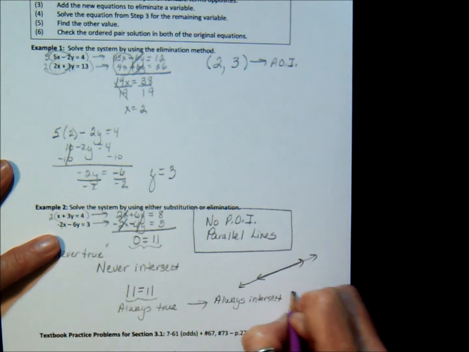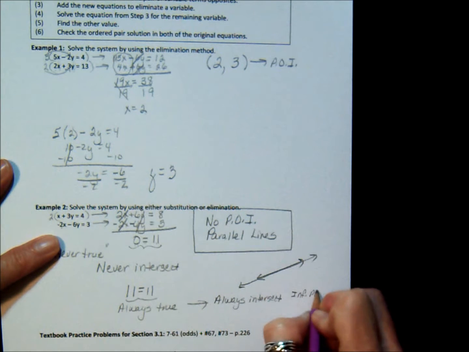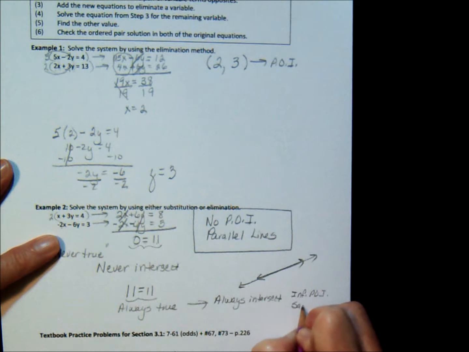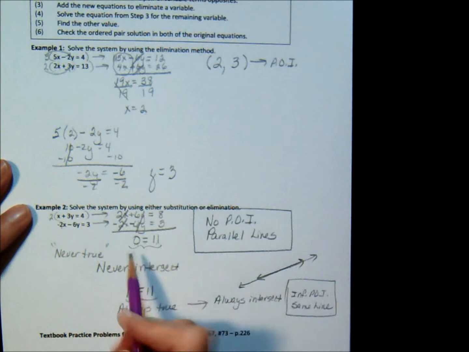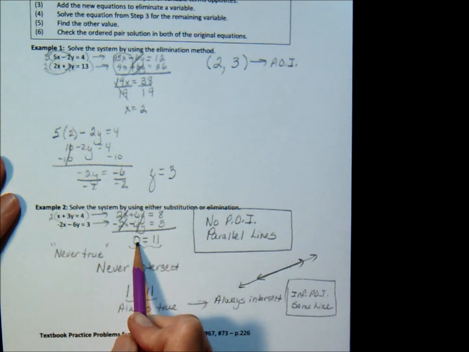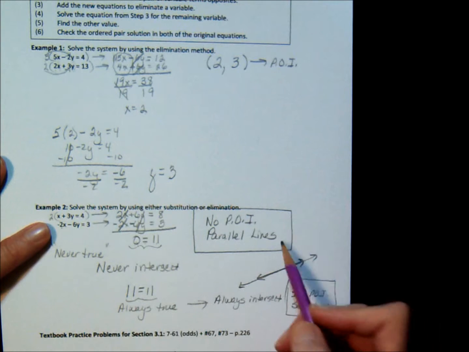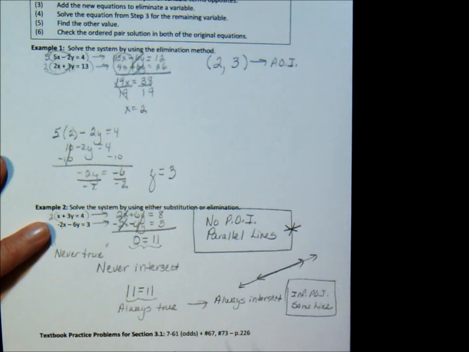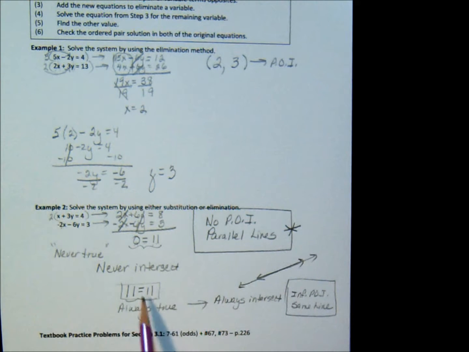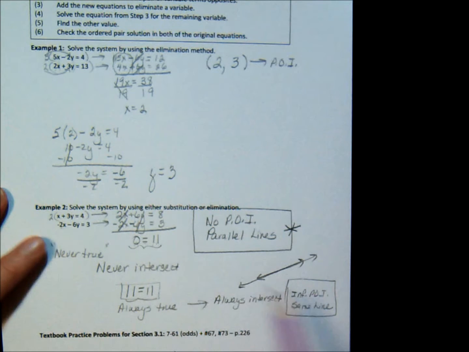So those would have infinite points of intersection because they are the same line. So if your x's and your y's both end up making a 0 in the substitution or the elimination method, then it's either going to be this scenario where you got something ridiculous and there's no point of intersection and they're parallel, or this scenario where you got something that's always true, meaning they always intersect, so there are infinite points of intersection and they are the same line.